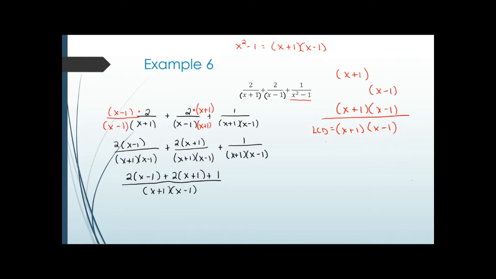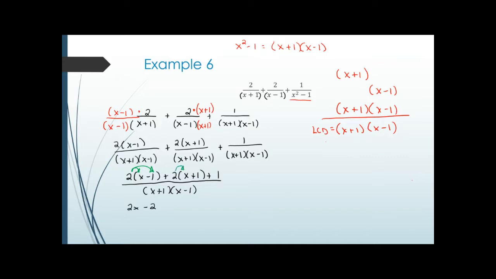So now I need to simplify, so that means I need to distribute. I'm going to be multiplying the 2 times x and the 2 times negative 1. That gives me 2x, and then 2 times negative 1 is negative 2.